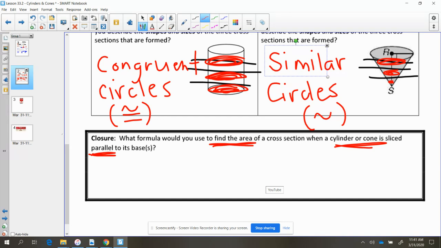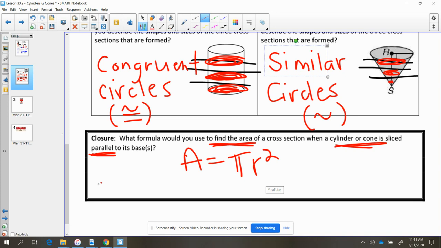And then you need to think about what the area formula is for that shape. So hopefully you answered that you would be looking for the area of a circle, and the area formula for that is pi r squared.